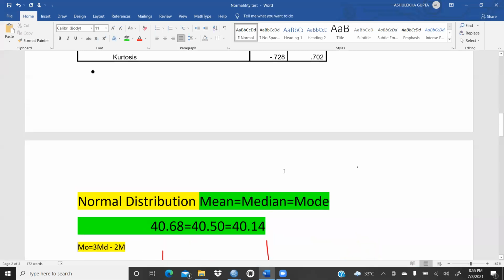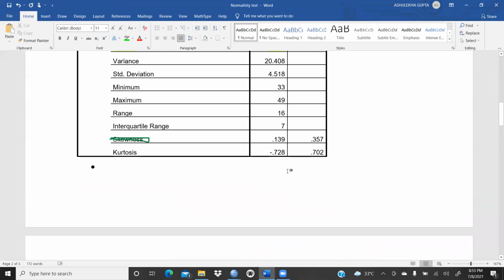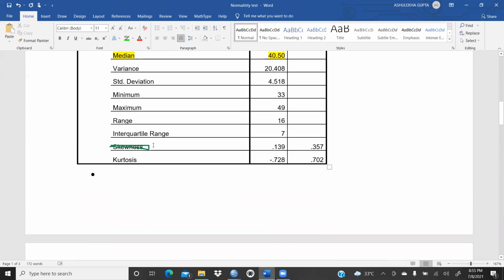Next, we will talk about skewness and kurtosis. Skewness, we know, is a bell-shaped curve, meaning our data is normally distributed.